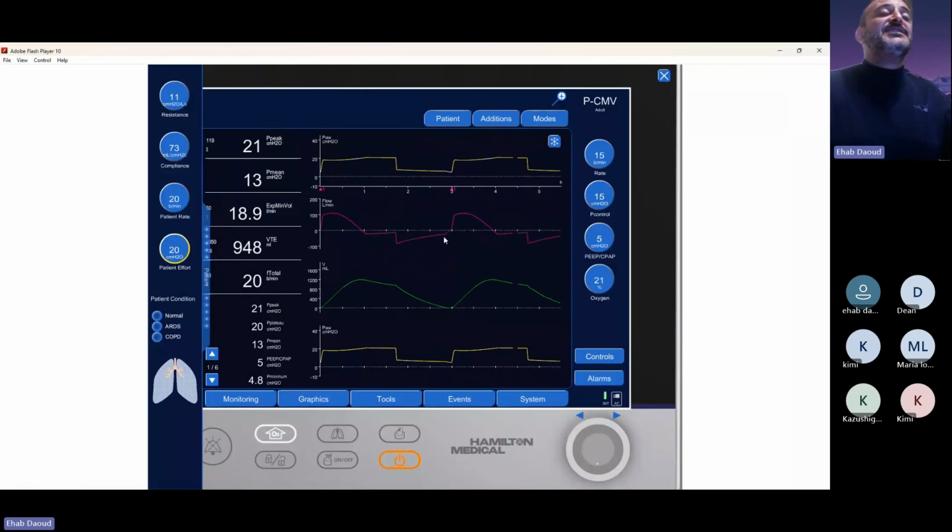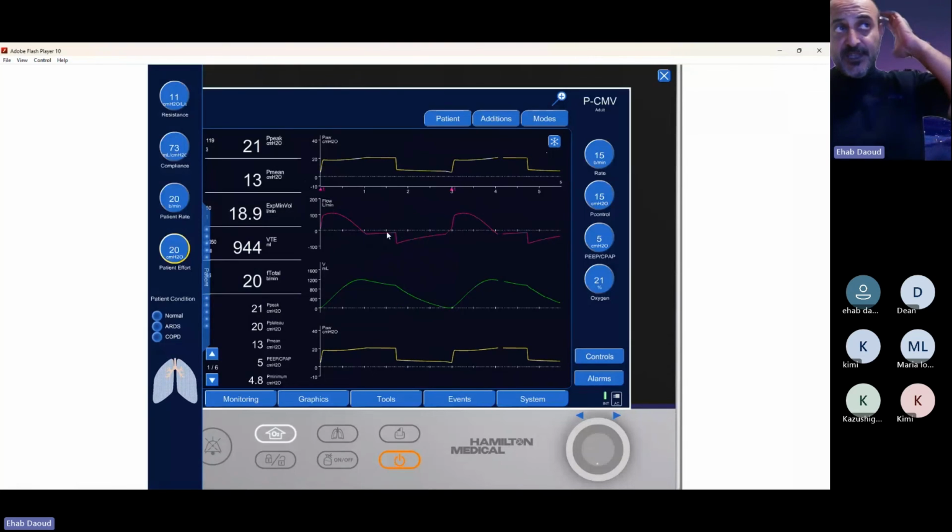Okay. And since we're talking about this, I want you to notice, sorry again, I cannot freeze this, but you can see here. This is the patient effort. You can see the convexity here. So if you have an esophageal balloon, you will find that the esophageal pressure is dipping because the patient is breathing, where I'm doing the arrow here, and then the patient relaxes here.